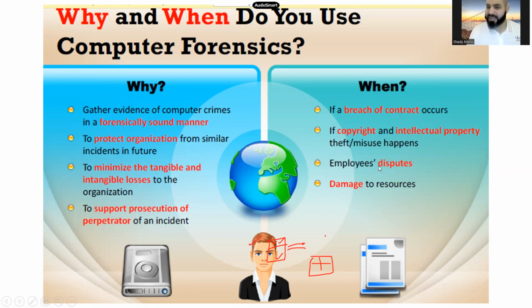Employee disputes means that, let's say you have two employees, and one sent an inappropriate email to his colleagues. Now you need a digital forensics person to come and investigate this. And I will tell you, this has happened with me personally. We had an IT guy, the head of IT, and he received an email from someone inside the company, but sent from outside, from a personal email, and the sender wanted to curse him or say bad words to him.